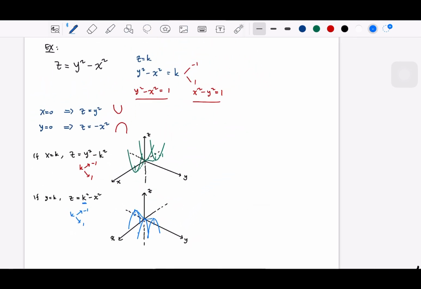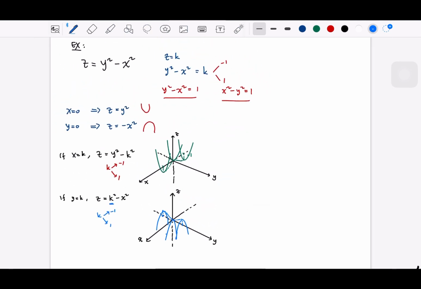Now the last part is the hyperbola. The hyperbola, we can write y squared minus x squared equals k, and k we can take as plus 1 and negative 1, right? So we can have y squared minus x squared equals 1, or x squared minus y squared equals 1.